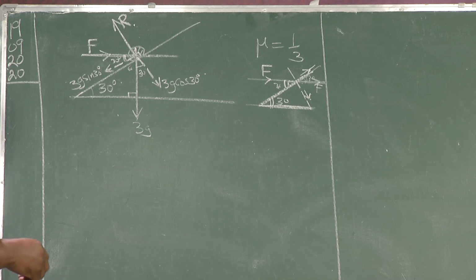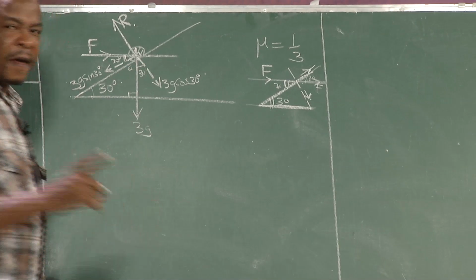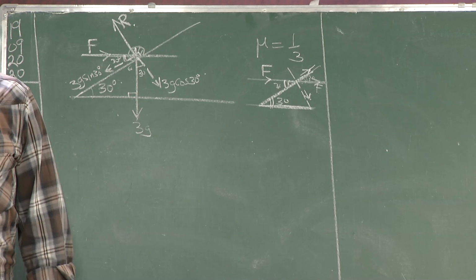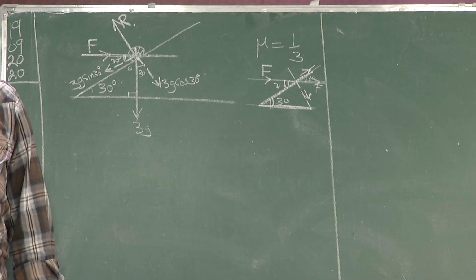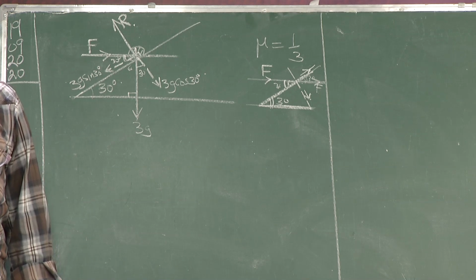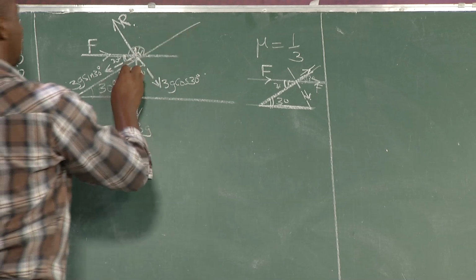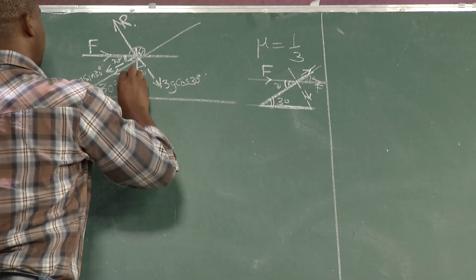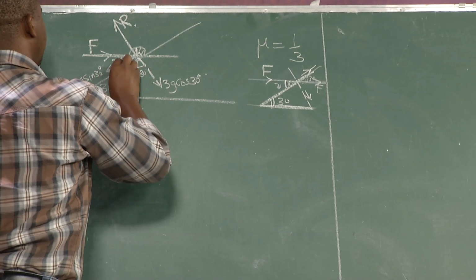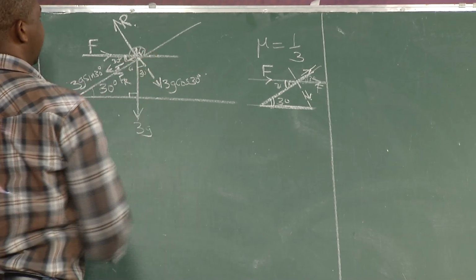We'll complete that to indicate the components of F when we resolve. Now, since there is friction and this particle is being pushed, they're saying the force applied to make the carton just about to move up. If it is going to move up, it implies that the frictional force is going to act down. The frictional force is going to act down.